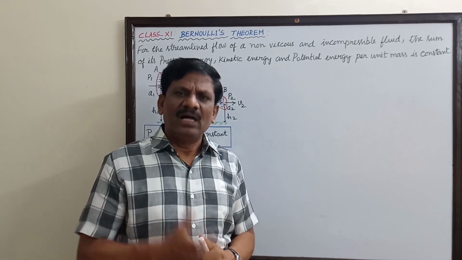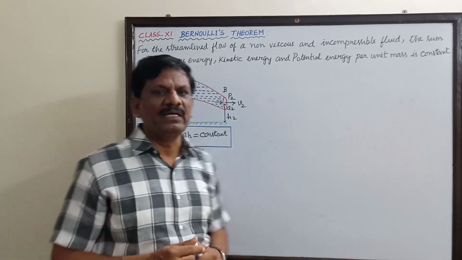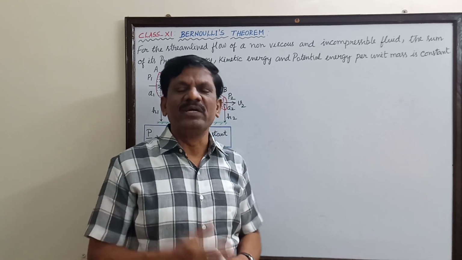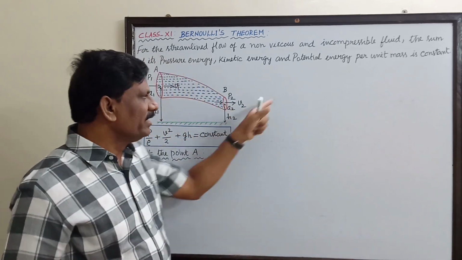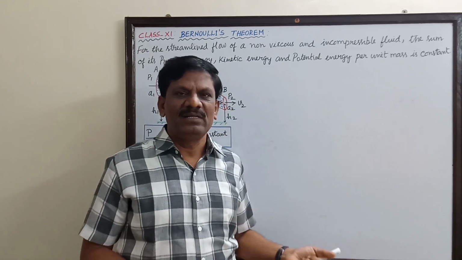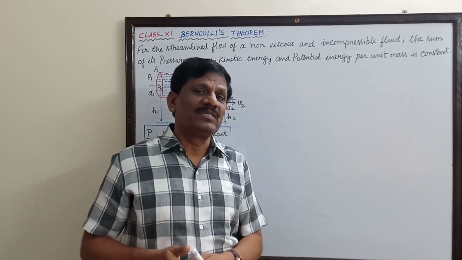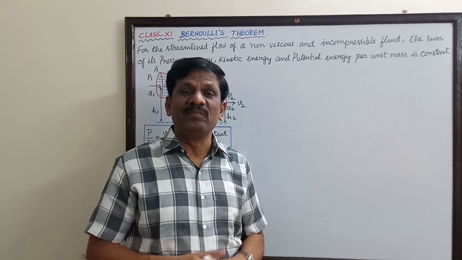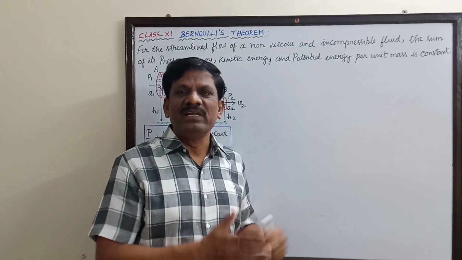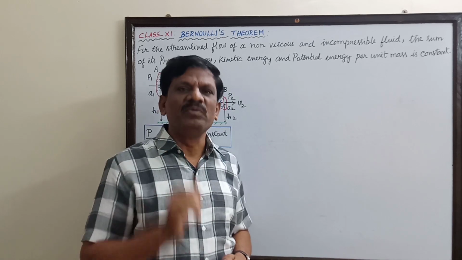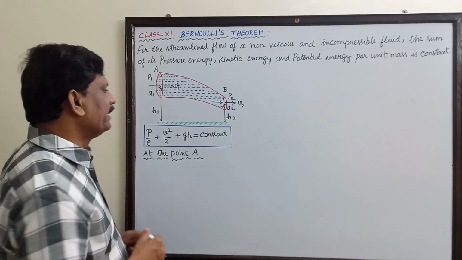Also, the volume of the liquid entering at A in a given time must be equal to the volume of the liquid which is leaving at the other end B. Understand? So please keep it in mind. The volume as well as the mass of the liquid entering at A must be equal to the volume and mass of the liquid leaving at B. With reference to this we are going to now prove the theorem.